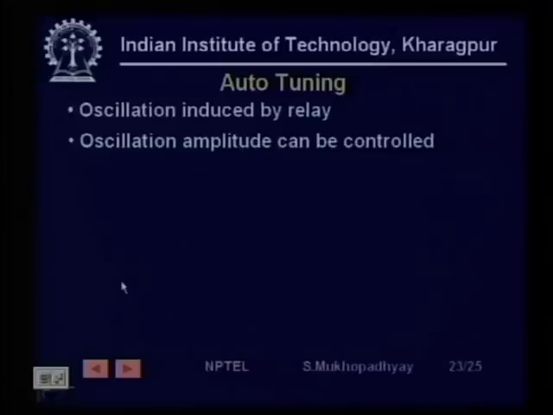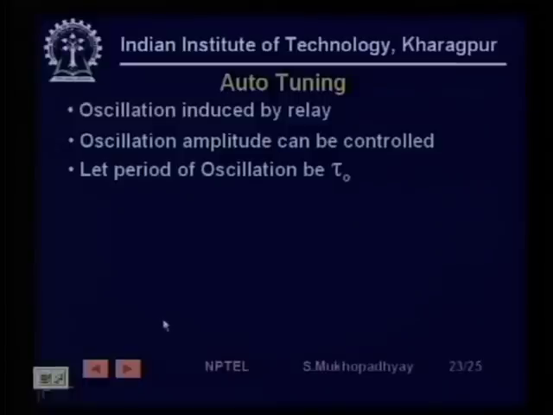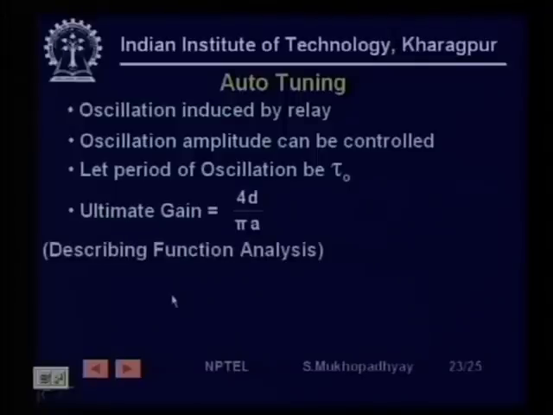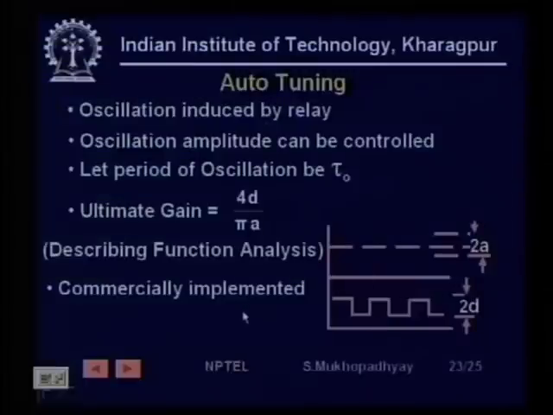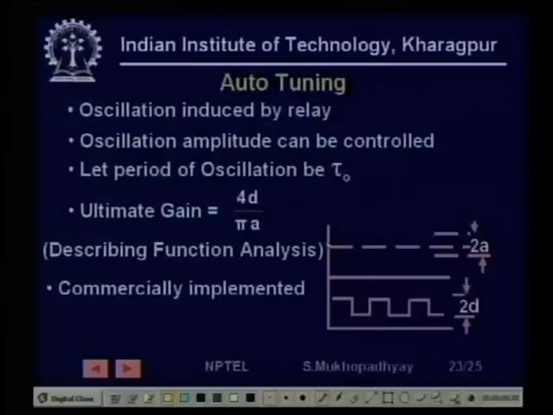So you can induce a small oscillation and then note the period of this oscillation. It turns out, by an analysis called the describing function analysis in nonlinear control, that if you have an oscillation of this kind in the process of amplitude A, which can be controlled, and if the relay switchings are of amplitude 2D, then the ultimate gain which you wanted to find, to be able to apply the closed loop tuning formulae, can be given by this formula.